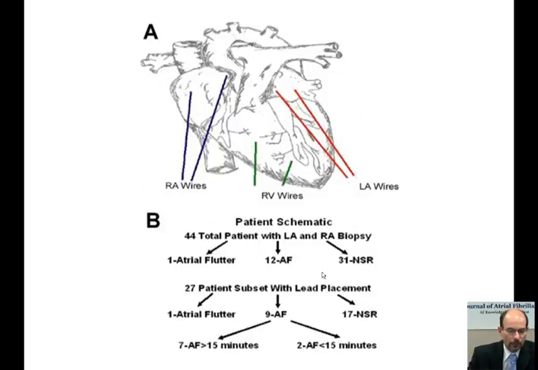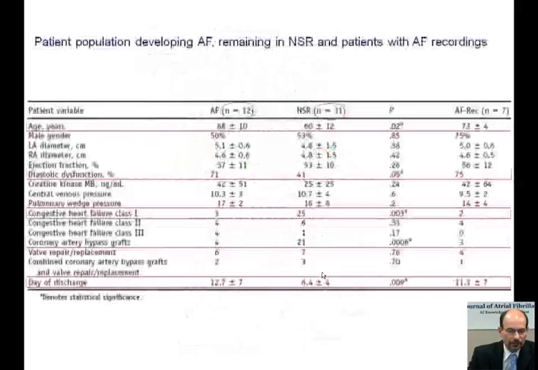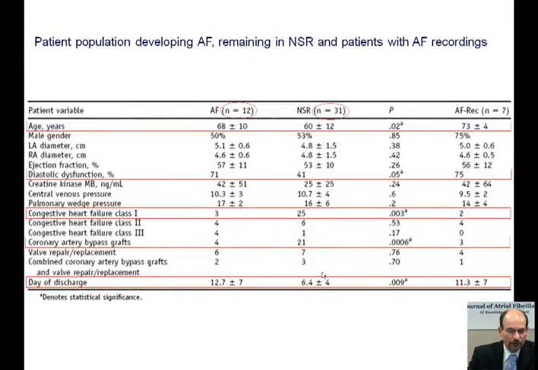We saw that most of those that remain in sinus rhythm were in class 1 heart failure. However, of those that we analyzed, 6 out of 7 were in various degrees of heart failure.